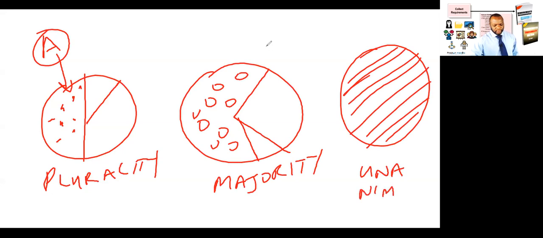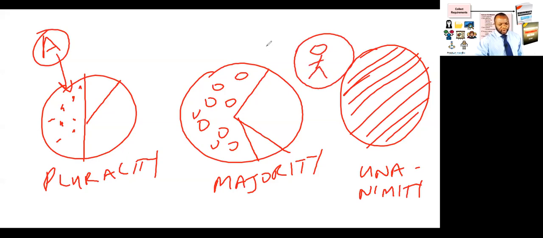Unanimity. Okay? And then when you think about dictatorship, dictatorship, or autocratic decision making, is just me. I am the only person who has a say in the matter. All right? So that is voting.